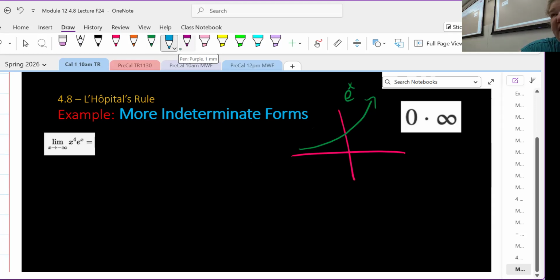So our original setup, it looks like we'd have infinity times infinity, but our limit is actually as x approaches negative infinity. So negative infinity to the fourth power times e to the negative infinity, we get infinity times 0.